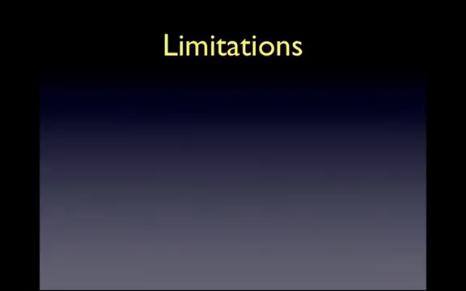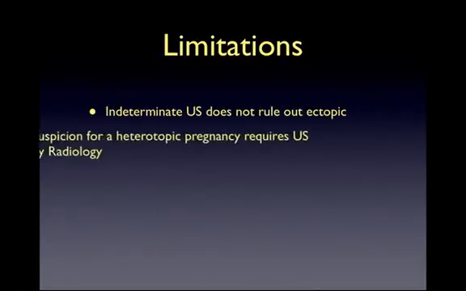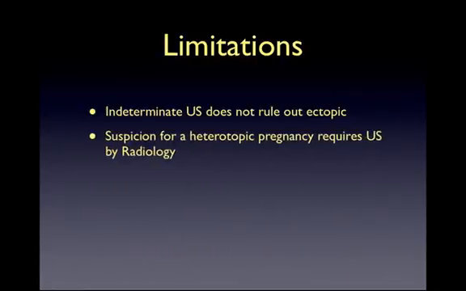Now that we have discussed the indications, findings, and technique for the transabdominal approach to pelvic ultrasound, as well as reviewed the supporting literature, it is important to note some limitations of this approach. Limitations include the ability to rule out ectopic pregnancy when the pelvic ultrasound shows indeterminate findings that do not confirm an IUP. In such scenarios, it is important to correlate clinically when determining the next steps in management.